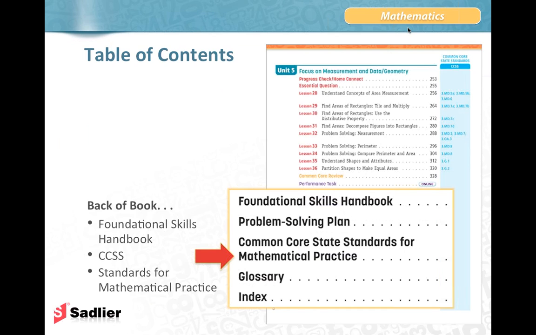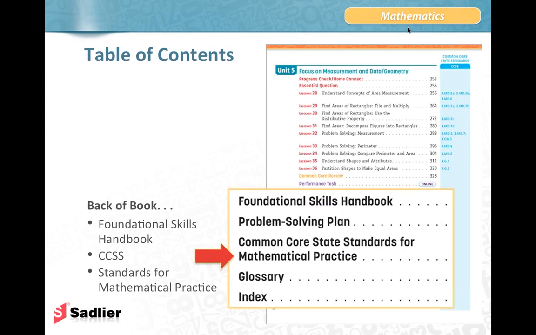To me, this is extremely important as a part of a supplemental program because once you get into the Common Core state standards, you'll see that there are actual gaps in the standards. And because Common Core has moved standards from one grade level to the next, there are certain prerequisite skills that our students need in order to be successful with the grade level content.